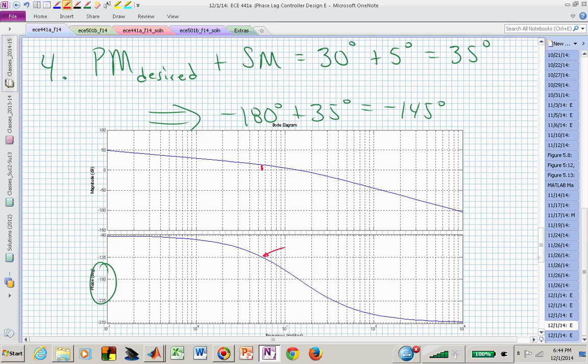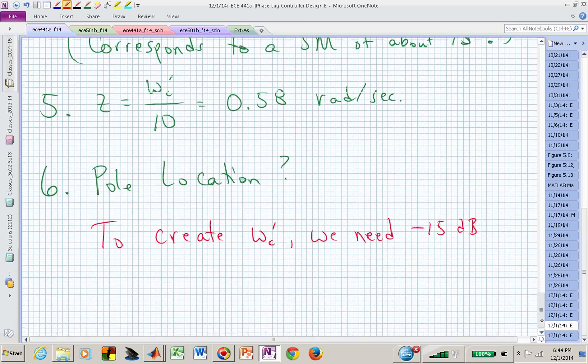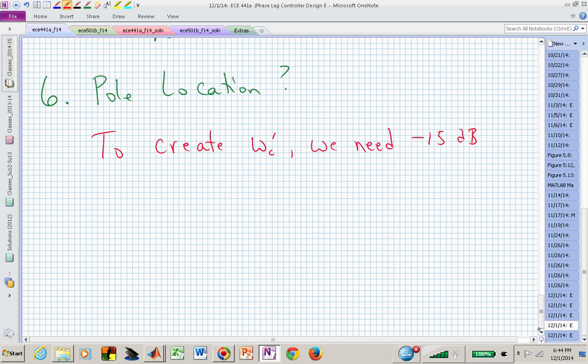So let me just assume now that I need 15 dB of attenuation, or a minus 15 dB is what I need to introduce. To create omega sub c, we need minus 15 dB of gain, or what I've been calling my attenuation.